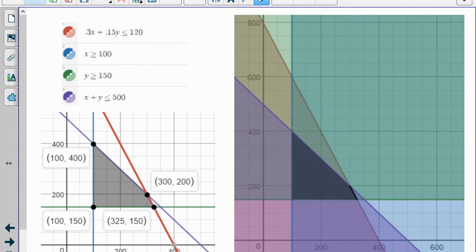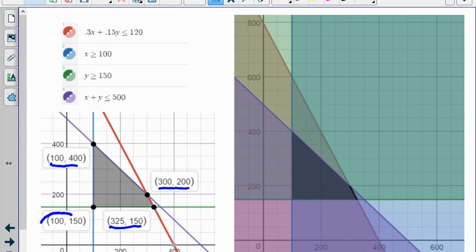I know that that's going to be part of my answer later on, but I'm just basically multiplying everything by 1,000 when I get done. So that's going to save me a lot of time. When I find all these intersection points, I end up with three intersection points that I really have to check. So 100 comma 400, 300 comma 200, and 325 comma 150.